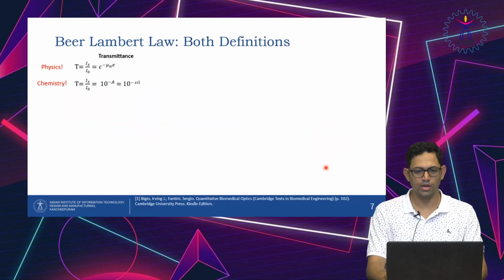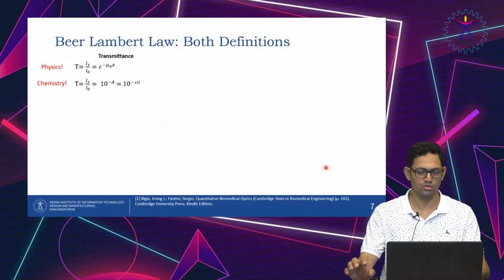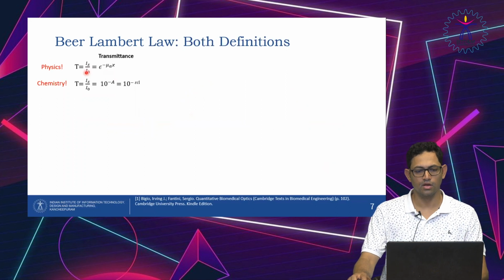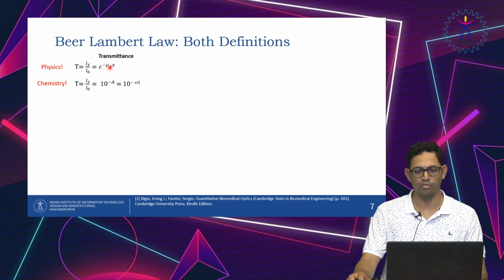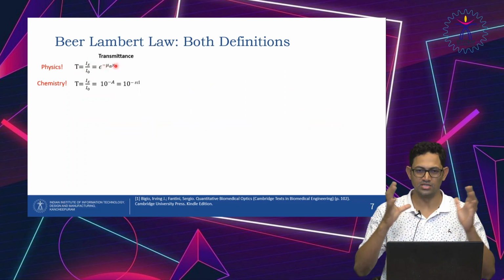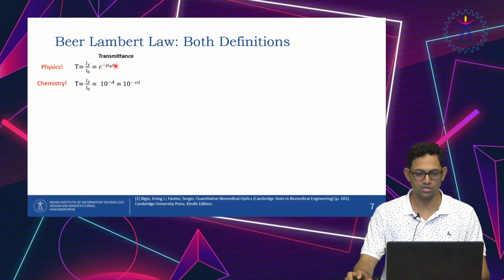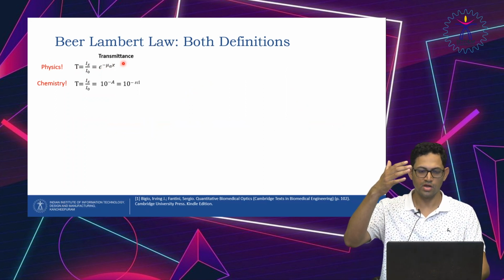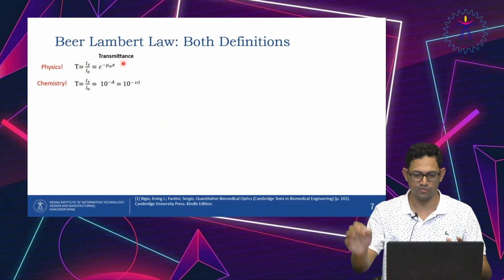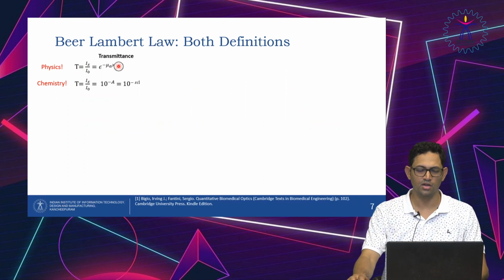Okay, now both the definitions together. You have the physics, that is the ratio of your transmitted intensity over the incident intensity, which is nothing but exponential of minus the absorption coefficient into the distance of your cuvette, or how much light is going to propagate, and at each instant you can actually find it out. So it's actually the spatial version of your Beer-Lambert law.